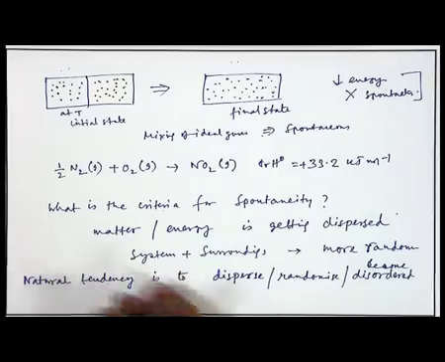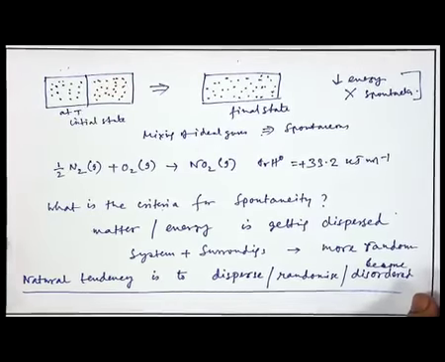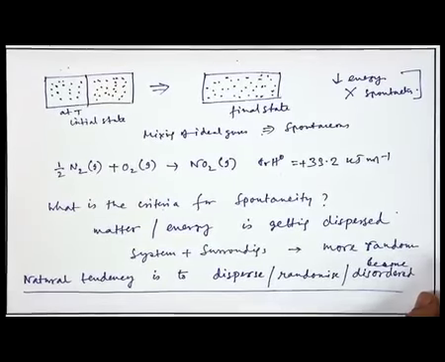But explaining this from a statistical point of view is not part of this unit. So, we know now that we have a natural tendency to disperse or randomize.